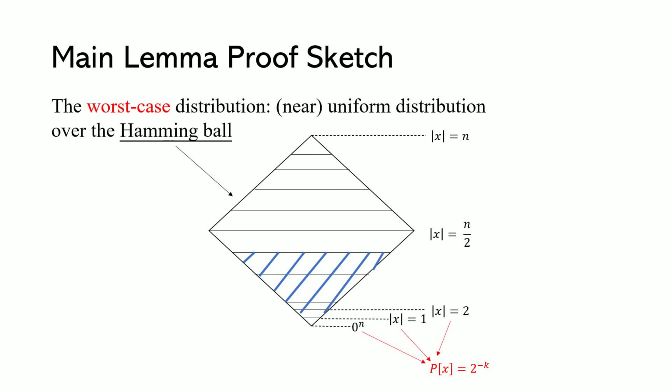So obviously we put probability 2 to the minus k on the all-zeros string, and then we put probability 2 to the minus k on vectors with Hamming weight 1, since they have the fewest non-zero coordinates, and then Hamming weight 2, and so on, until the total probability sums up to 1. In the slide, vectors in the blue shaded portion all have probability 2 to the minus k, and all the other vectors have probability 0.